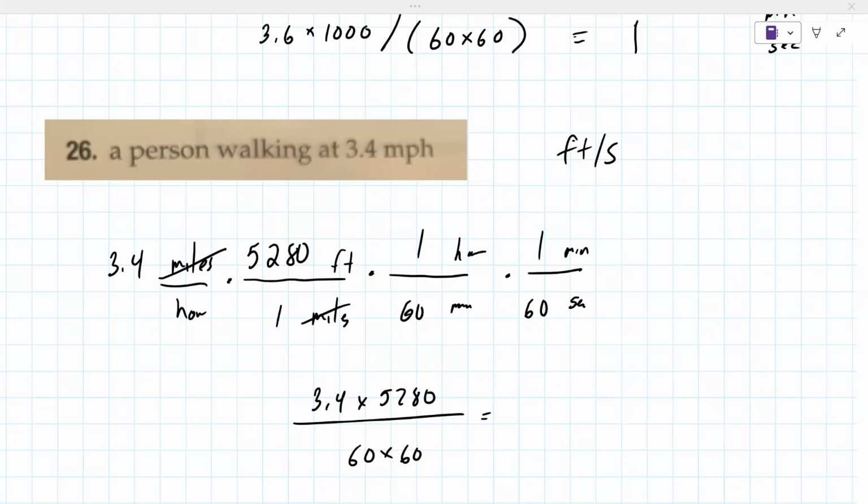Go ahead and calculate that. And it would come out to 17,952. So this again feels like a calculator error.